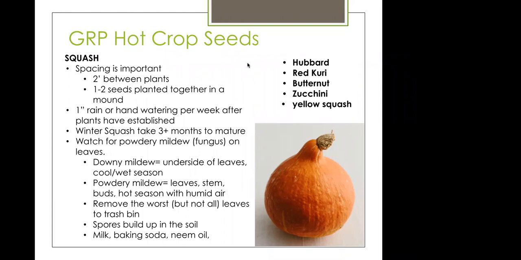Younger and older, meaning that we plant our summer squash sometime in June and also our winter squash in June, but you're going to be harvesting your summer squash during the summer, and your winter squash during the winter. Thus, the summer squash are younger and the winter squash a bit older. Right.